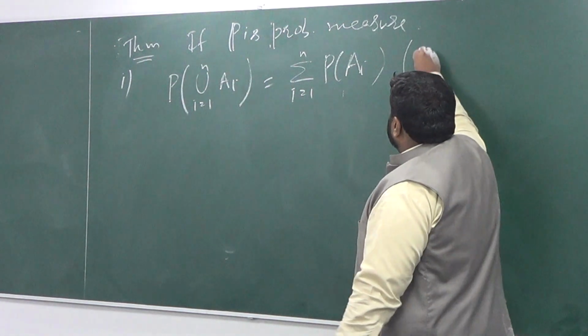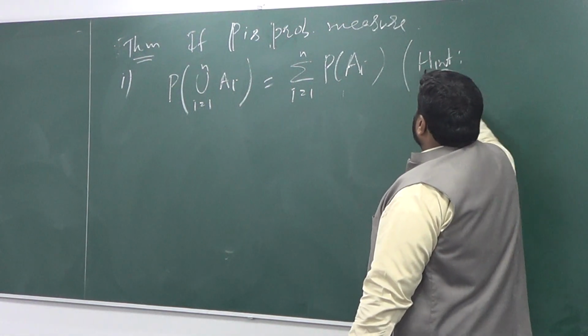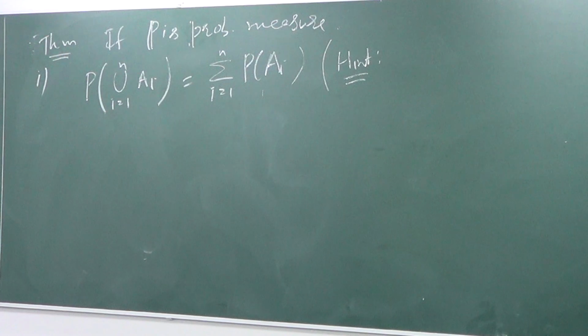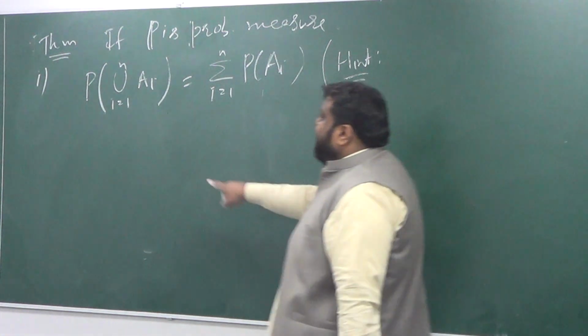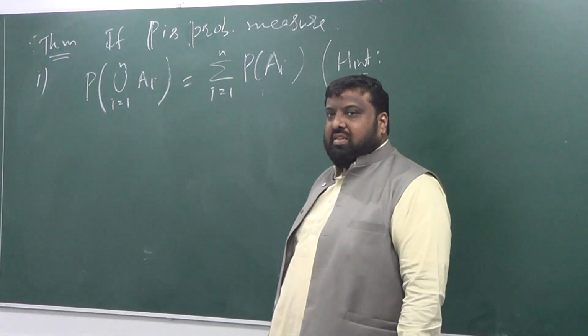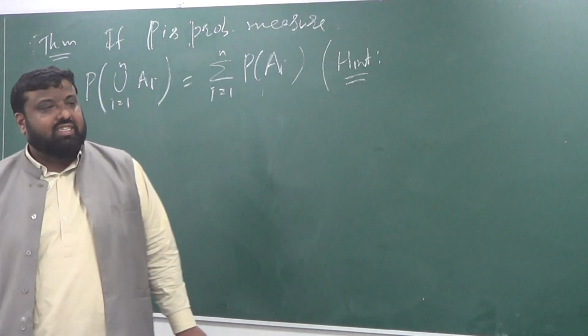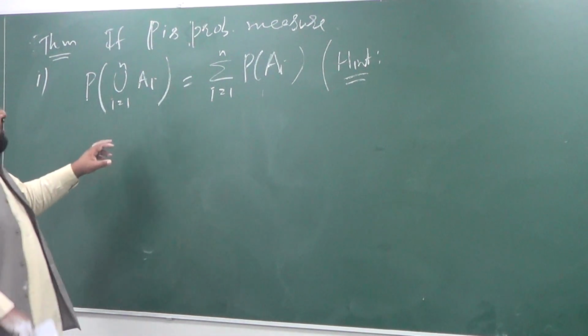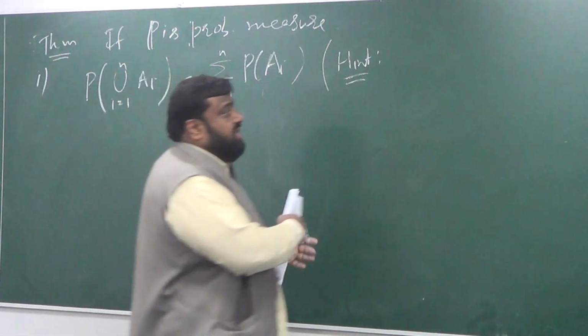I will not write a proof, I'll just give you a hint. Write it yourself. Because if I solve this, I'll solve one of the exercises. So the hint is this. Can I turn this union into something like a limit, a partial sequence? From A1 to An, you have these sets.